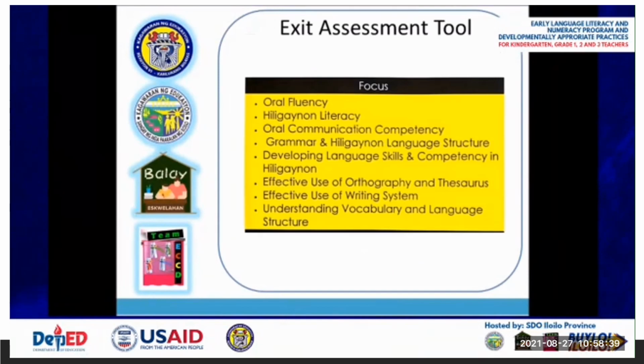It focuses on oral fluency, Hiligaynon literacy, oral communication competency, grammar and Hiligaynon language structure, developing language skills and competency in Hiligaynon, effective use of orthography and thesaurus, effective use of writing system, and understanding vocabulary and language structure.